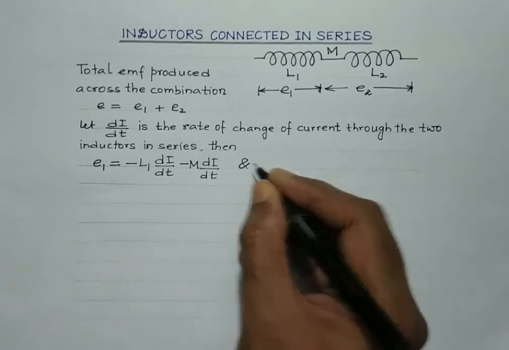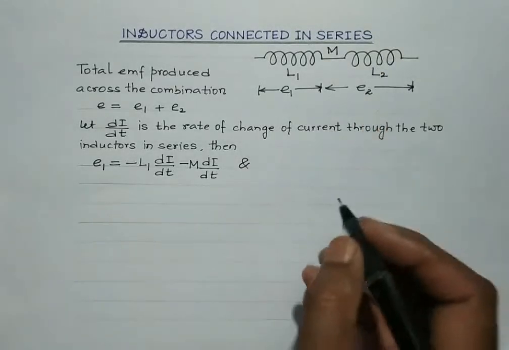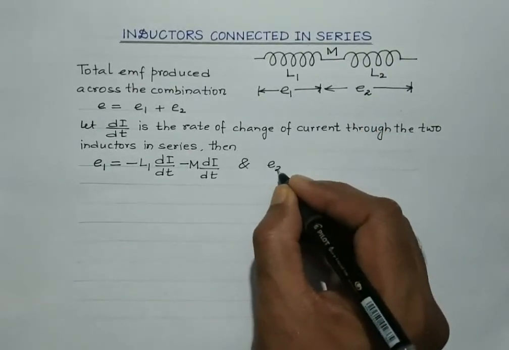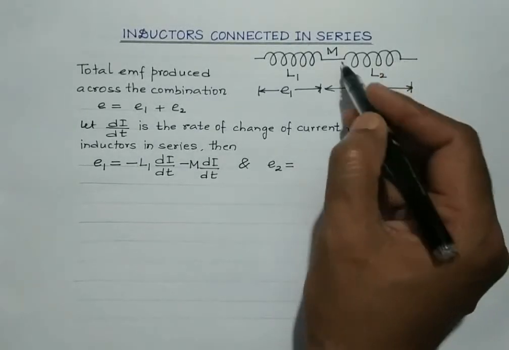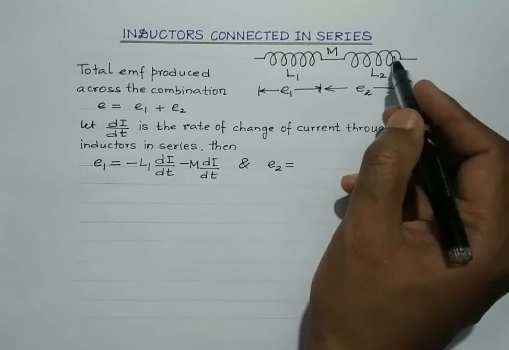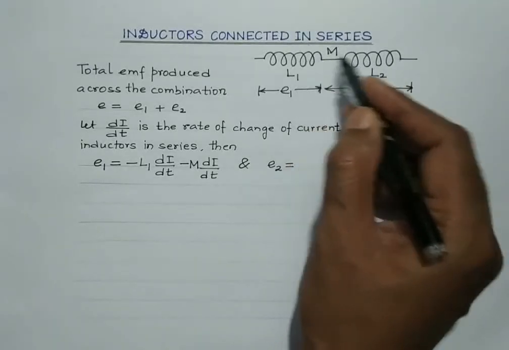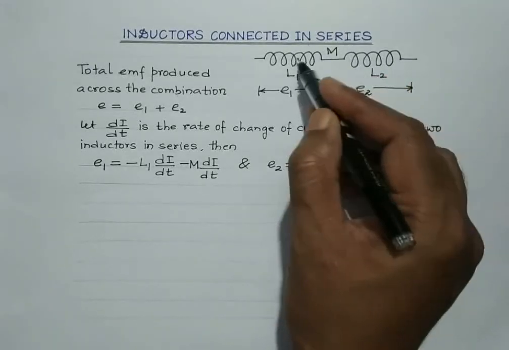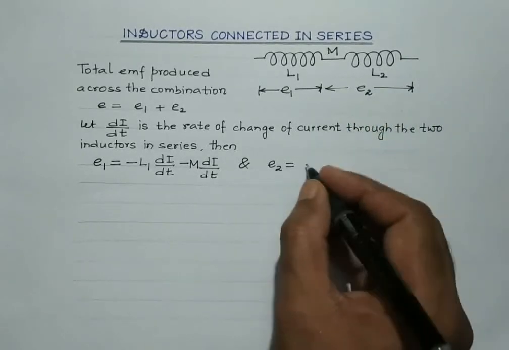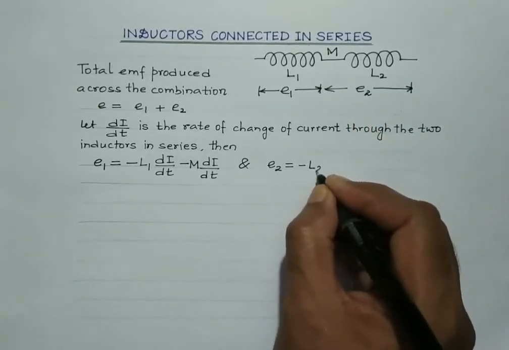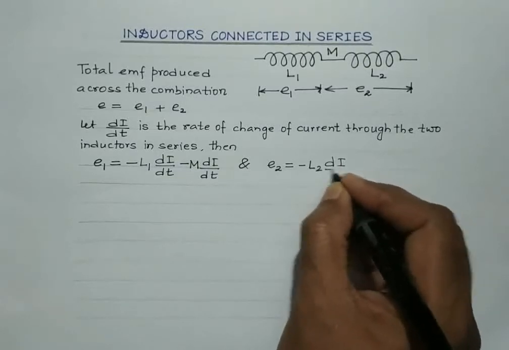And similarly, the EMF induced across the second coil would be equal to the EMF induced due to the self-induction of the second coil plus the EMF induced due to the mutual inductance between these two coils. So due to the self-inductance of coil 2, the EMF induced is minus L2 di by dt.